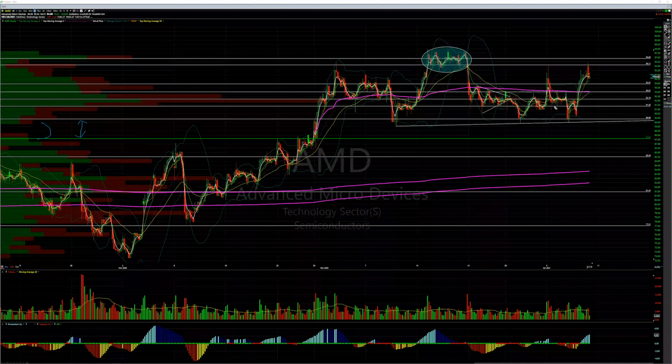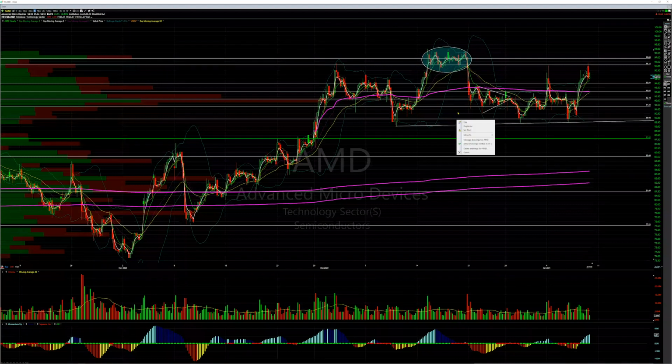So what that means is if we were to break these levels, we're probably going to come down, not probably, like 99% chance, we're going to come down and hit at least this area. Why this area? Because this area is the top side, or the value area high, of the last range. So we're probably going to at least come down there and test that. That's why I'm selling puts into that area. And then hopefully we'll get a bounce, right? So that's just an example of how to use these terms.